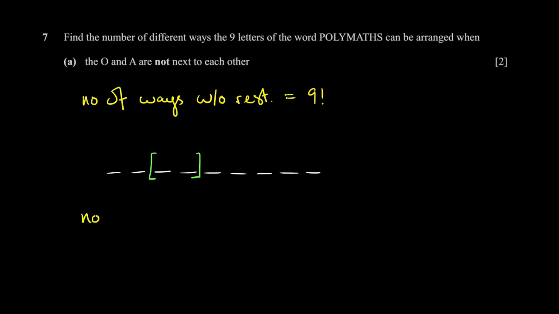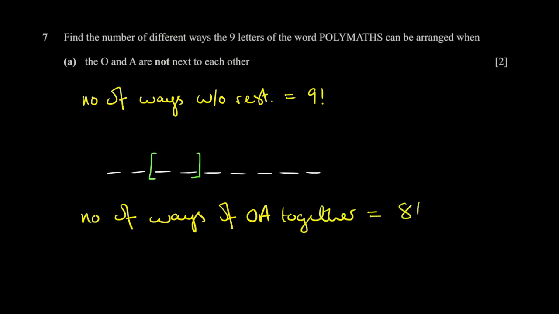So the number of ways if OA together is going to be equal to 8 factorial, because that's the number of ways I can arrange the 8 big items, times by 2 factorial.